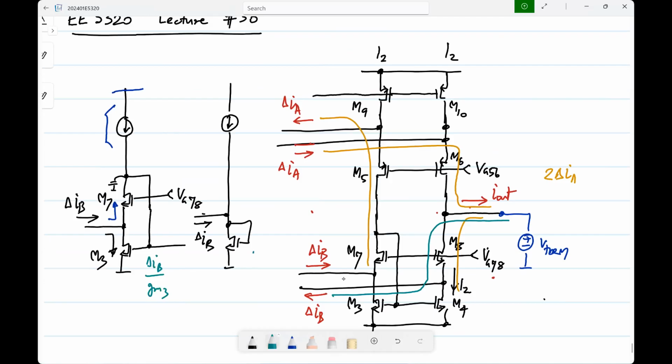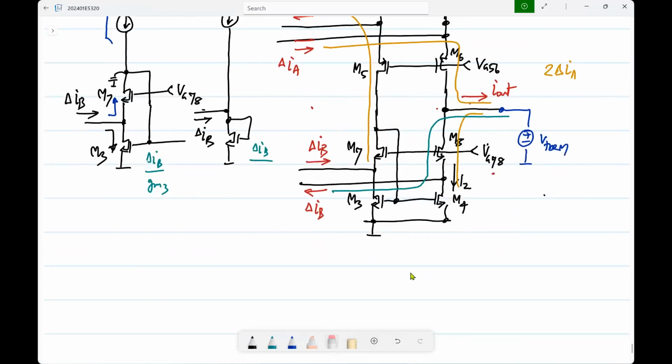That is true in both cases. This is again feedback. This feedback goes through this transistor. Eventually, you will have a voltage delta IB by gm3 at the gate of M3 and delta IB current through M3. So that's true whether you have a cascode or not. The feedback is completed through the cascode. Is this okay? So this kind of thing you have to be a little careful.